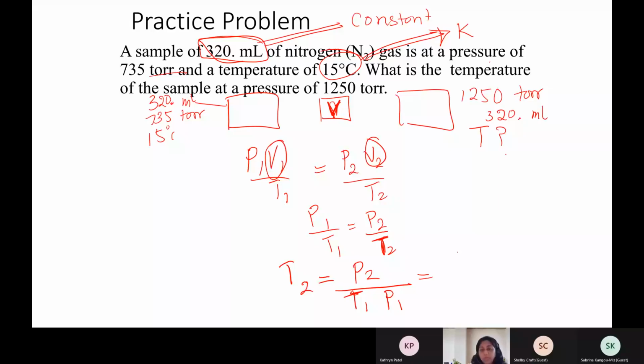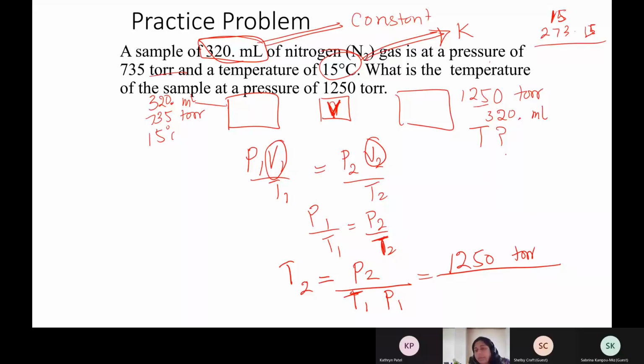So P2 is 1250 torr. For T1, we should change these degrees Celsius to Kelvin: 15 plus 273.15.